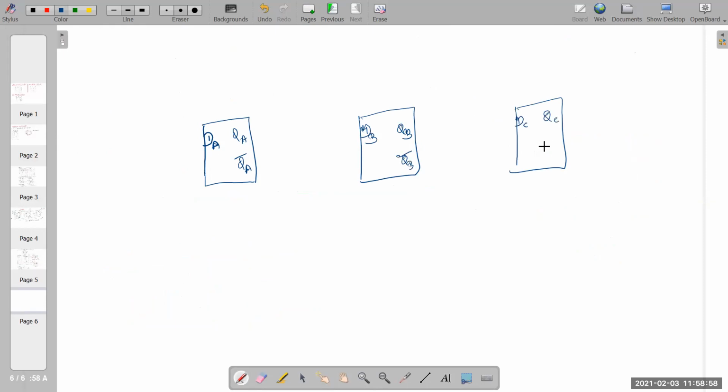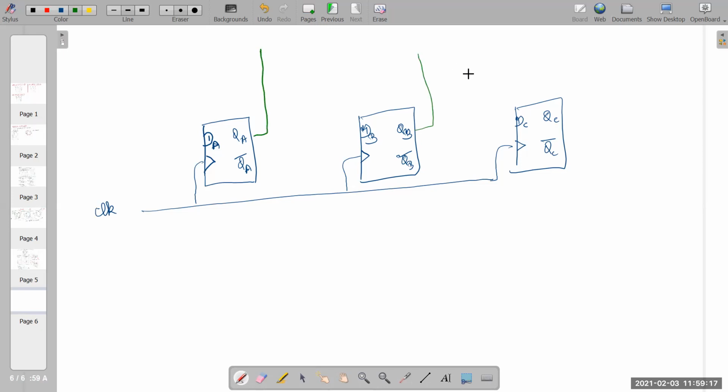DC, QC, QC bar. Connecting to the same clock pulse. That is why they are called synchronous. Now these are the outputs, green line. I'm going to connect it to LED.